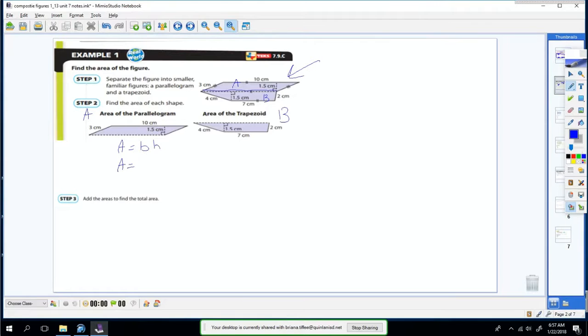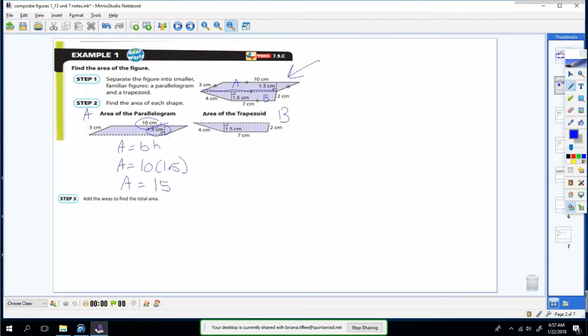So my base is right here, is 10, and my height is what makes a perpendicular angle to the base, right here. So that's 1.5. So you got to do 10 times 1.5, which is just 15. Okay, so that's my area of my first one.